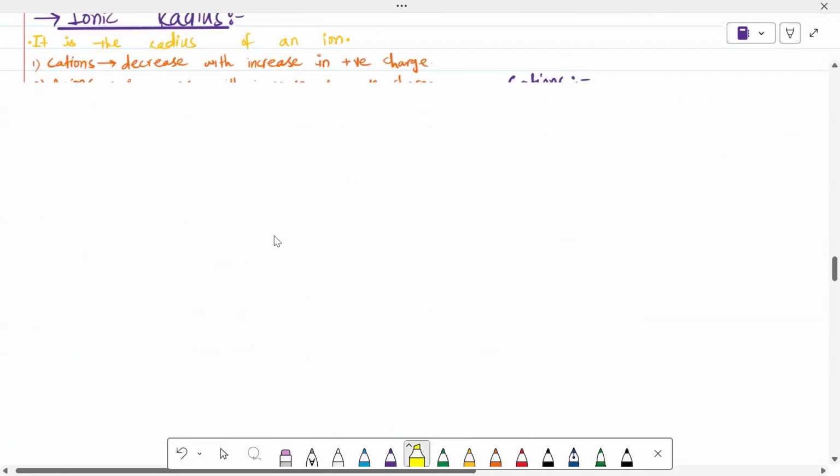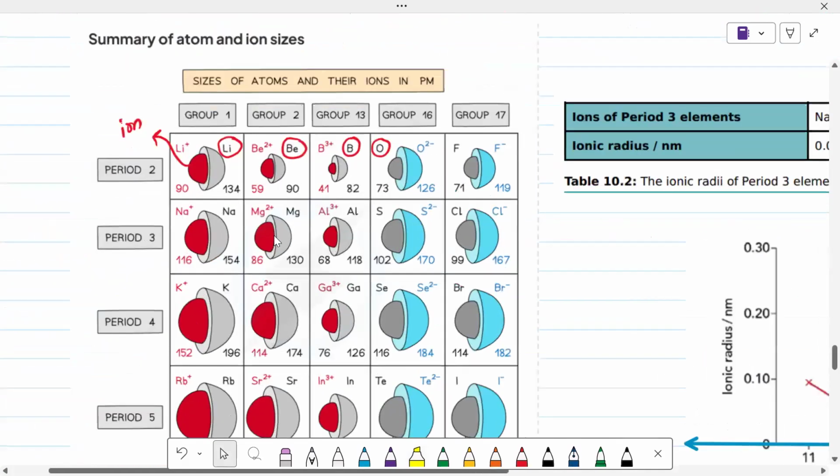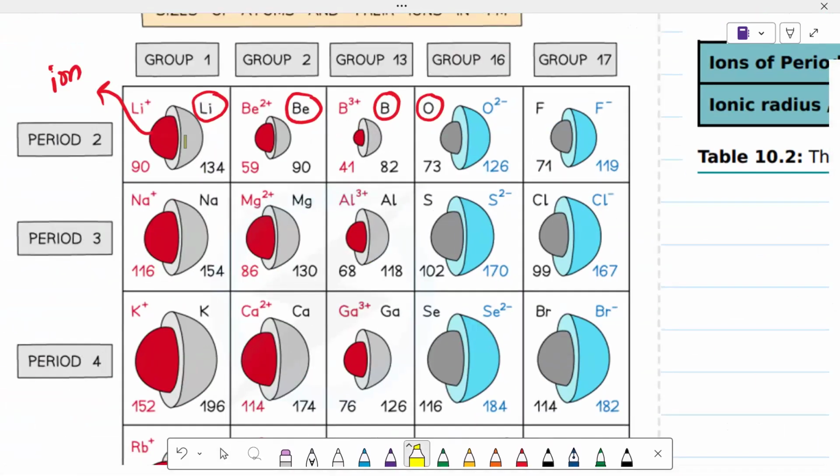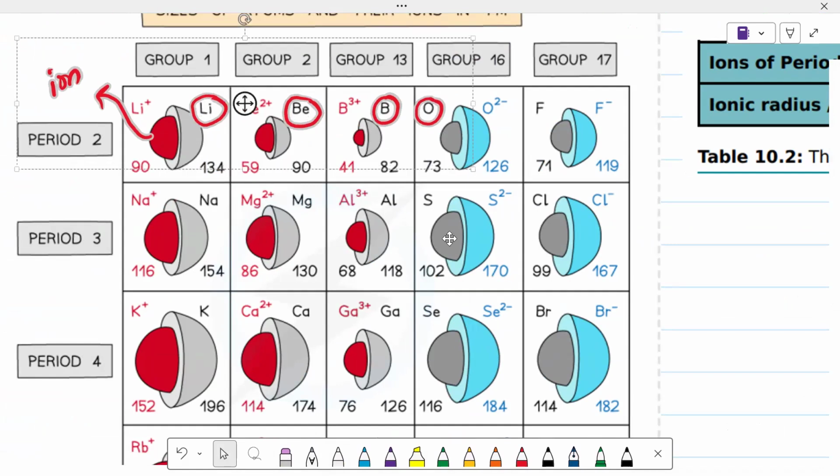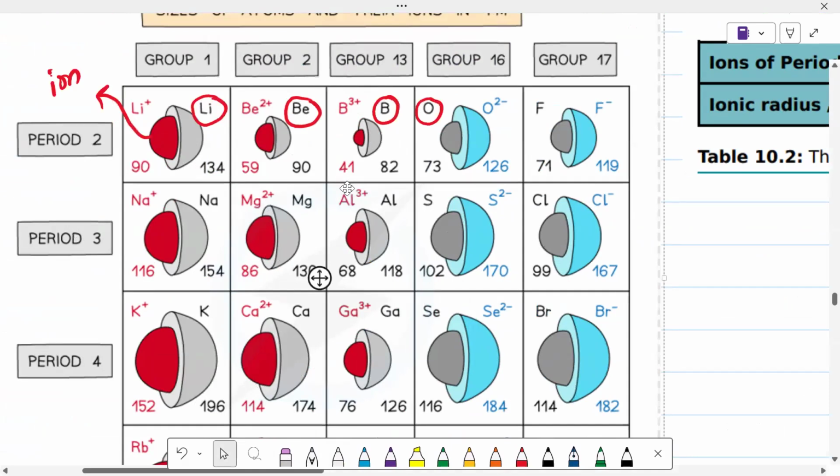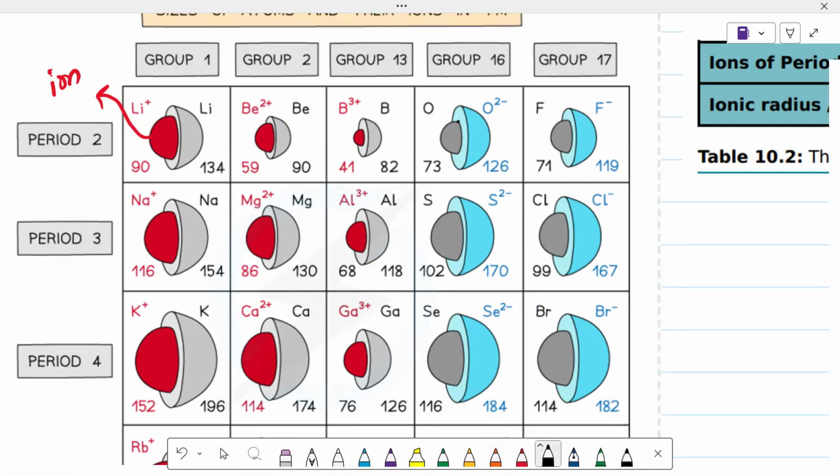So this is what I am saying. If you see this diagram, this atomic radii, the gray part, is decreasing. Over here, this is decreased now. And if you see the oxygen atom, this gray part, the oxygen atom has much less radii than boron.